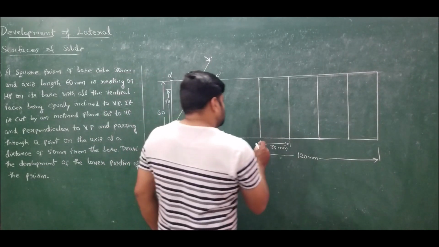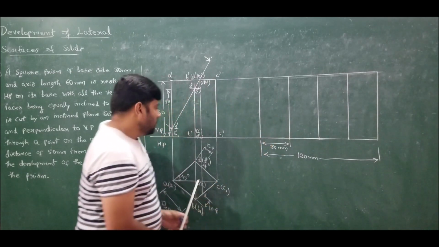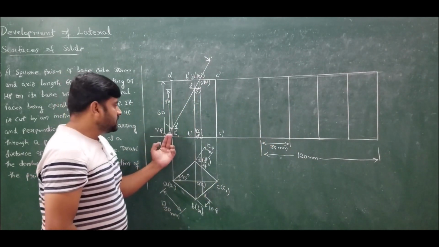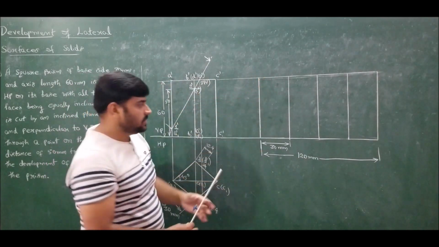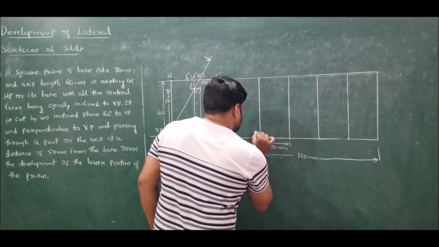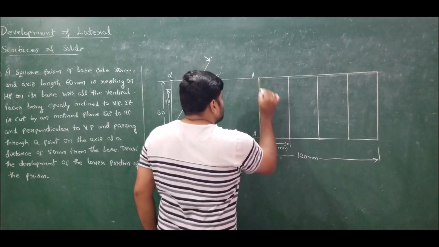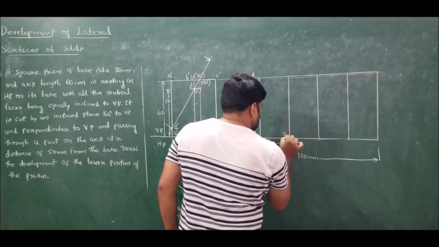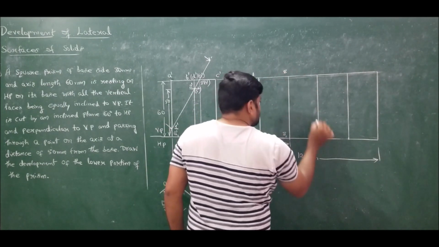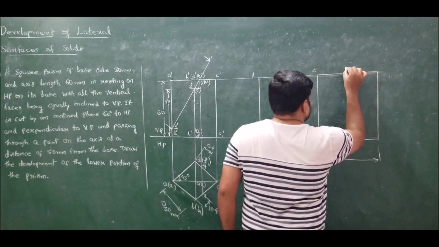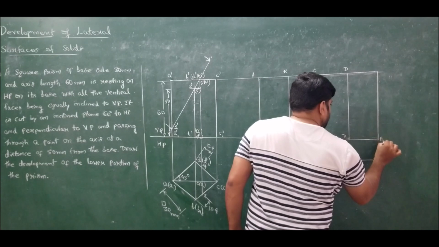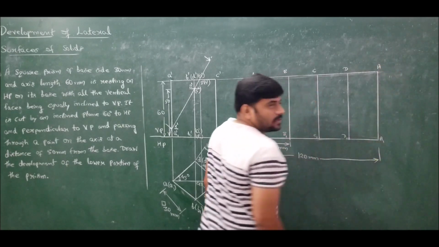So let me start from A, which means that at longer edge A, I will cut this prism and unfold all the surfaces. So therefore, I will call this as A1 A, this as B1 B, this as C1 C, this as D1 D, and closing side will be A1 A. Correct?